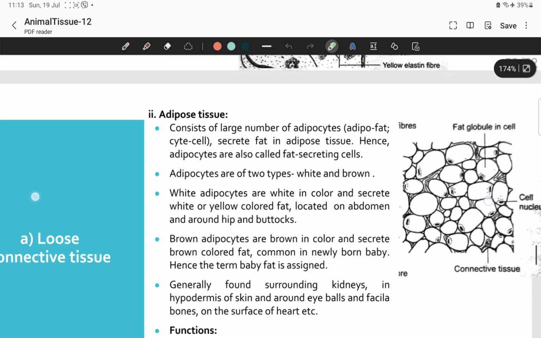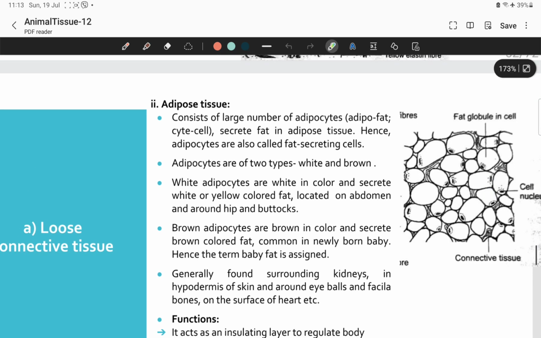Next we have adipose tissue. Adipose tissue is related to storing fat, and the cells involved here are known as adipocytes. It helps to secrete fat in adipose tissue. That's why adipocytes are also called fat-secreting cells. And we can see two types of adipocytes based on the color of fat they produce.